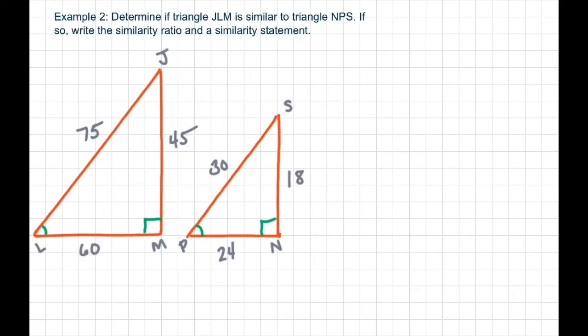So then I have to make sure all the corresponding sides have the same ratio. I've got my calculator ready. I'm going to look at JL, and that corresponds to PS. So I have 75/30, and that equals 2.5.